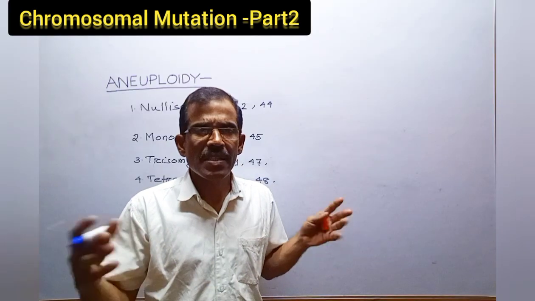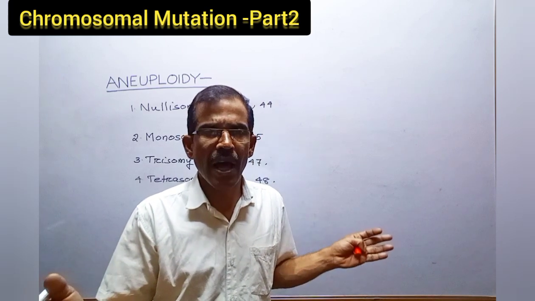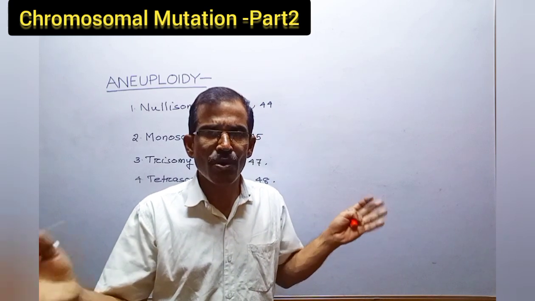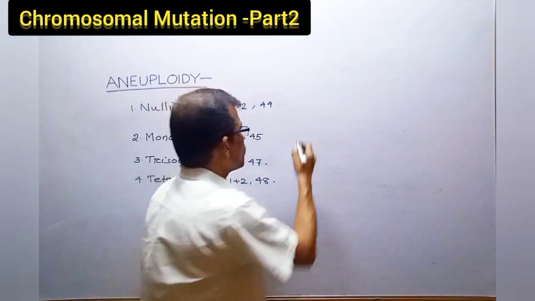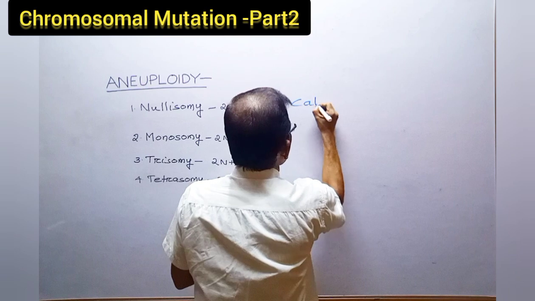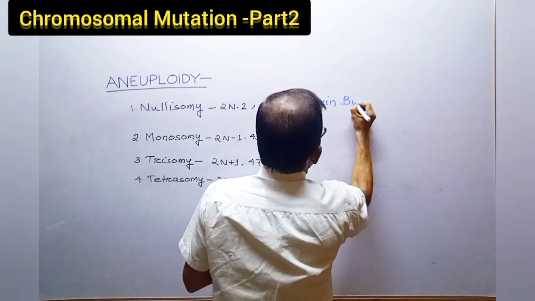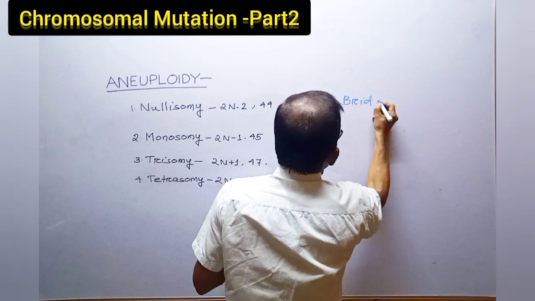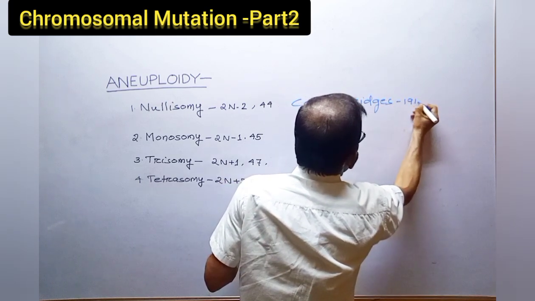One of the first aneuploids to be recognized was a fruit fly with a single X chromosome and no Y chromosome. It was discovered by Calvin Bridges in 1913.